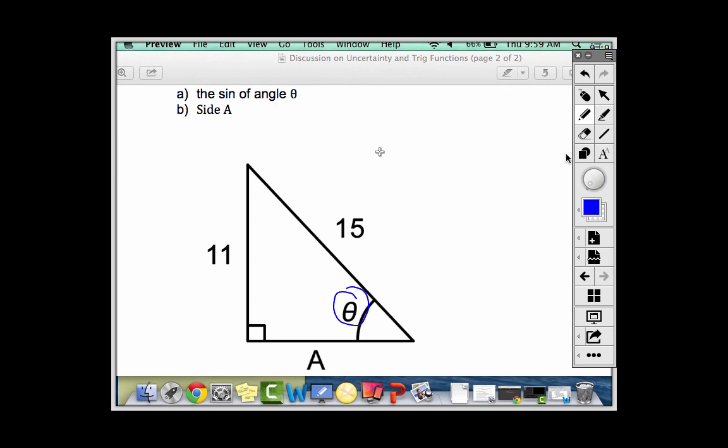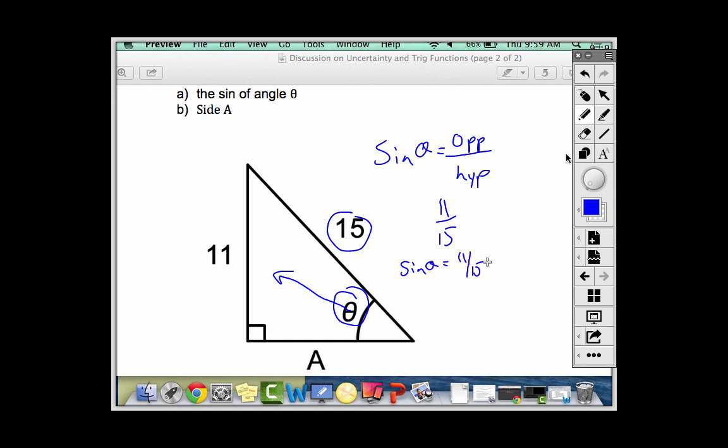So the sine, that's right, is opposite over hypotenuse. Okay, this is the so piece. So what is the opposite of theta? It's 11. And the hypotenuse is 15. Okay. So in the end, I'm going to write sine theta equals 11 over 15.